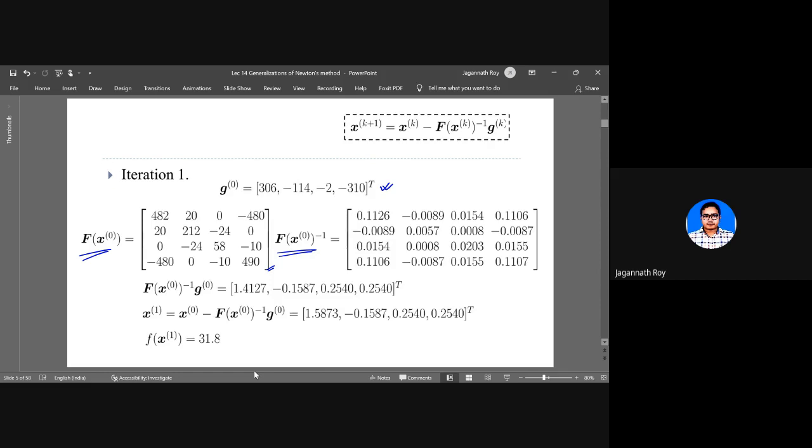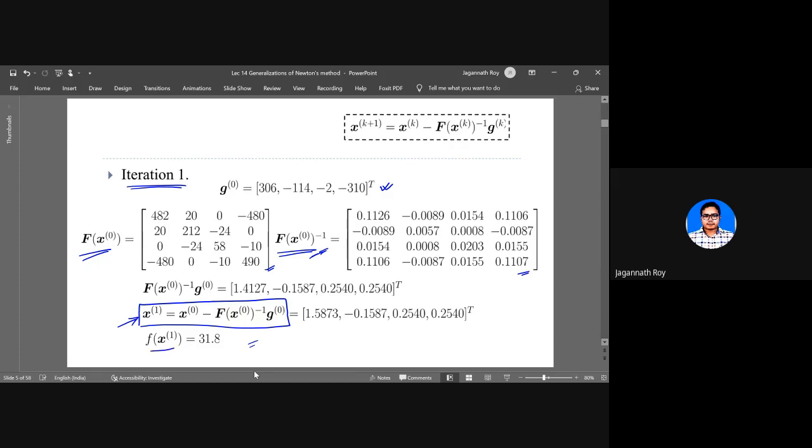So we have to use some computing tools. So let us find the inverse, and we will find the first iteration, that is the x1 point. For iteration 1, all these computations are done.